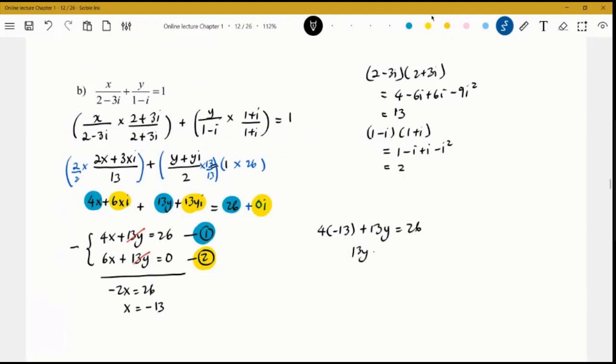So 13y equal to 26 plus berapa ni? 13 darab 4 berapa? 52. Okay. So end up will be 78 here. y equal to 6. So your final answer x equal to negative 13. Your y equal to 6.